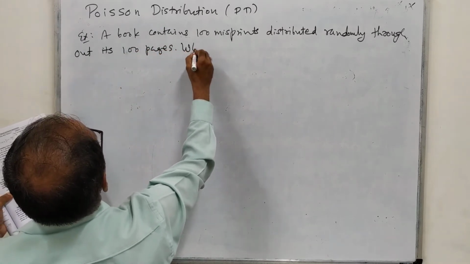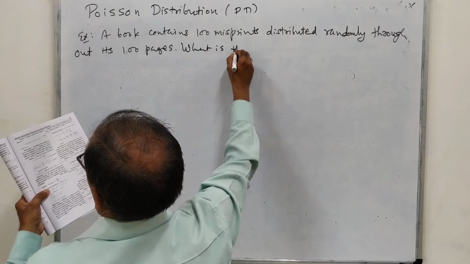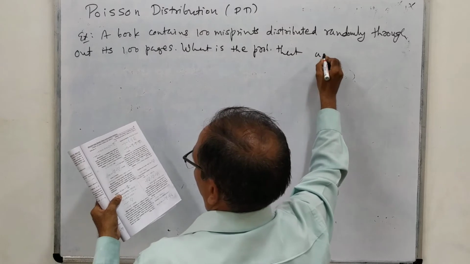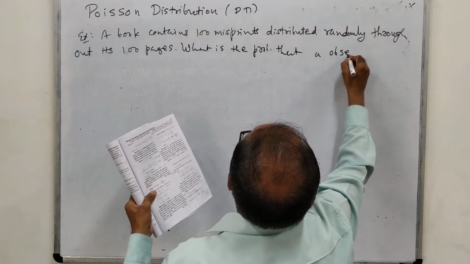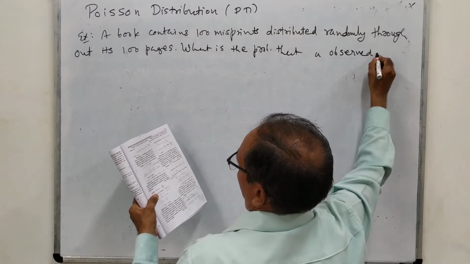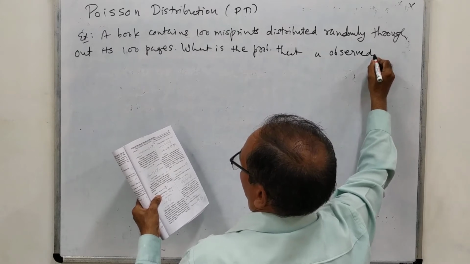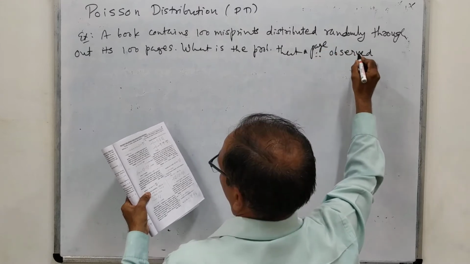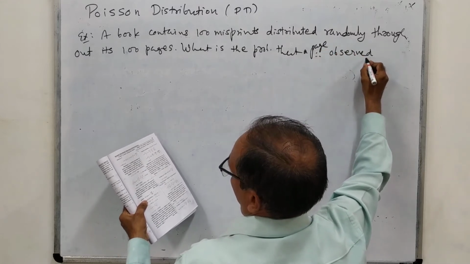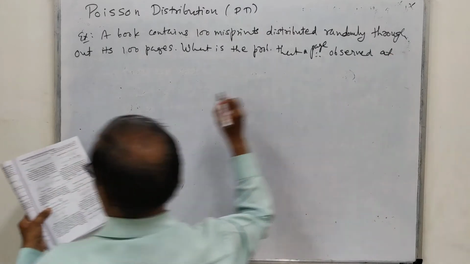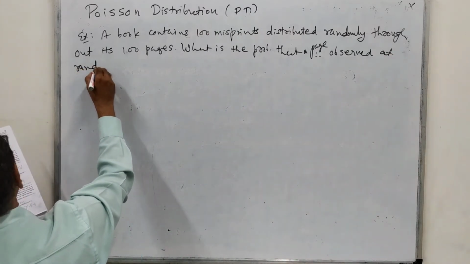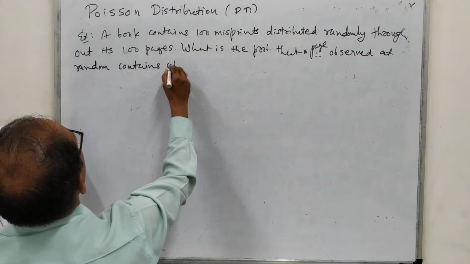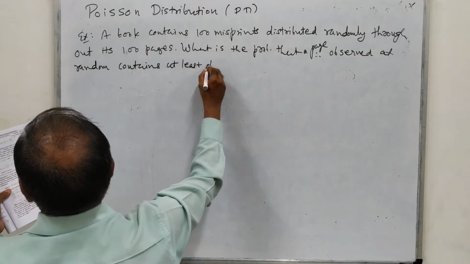What is the probability that a page observed at random contains at least 2 misprints?